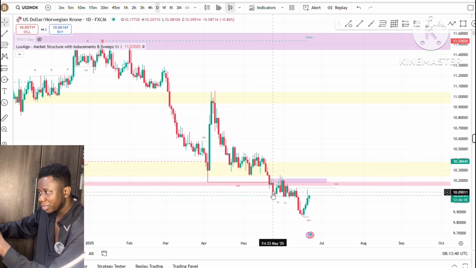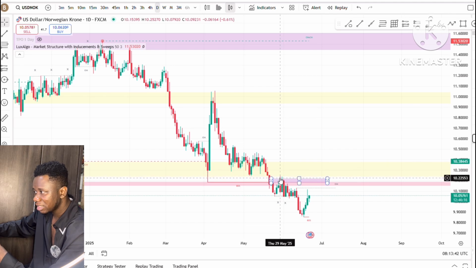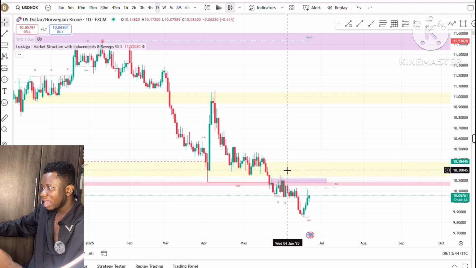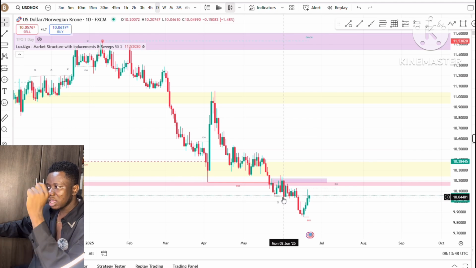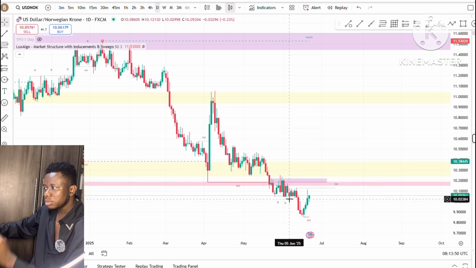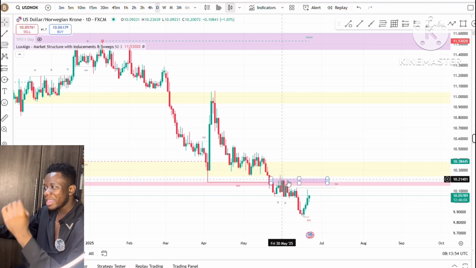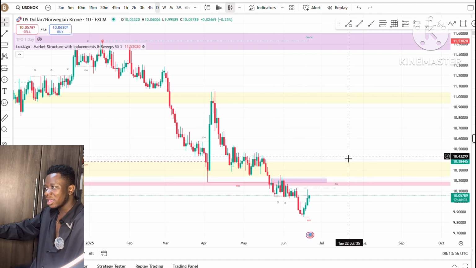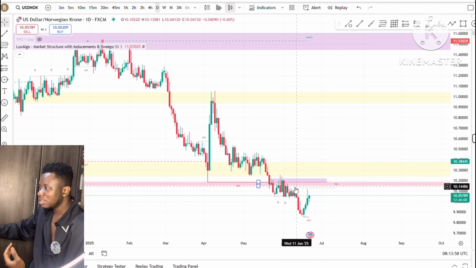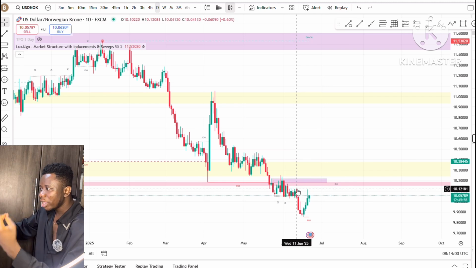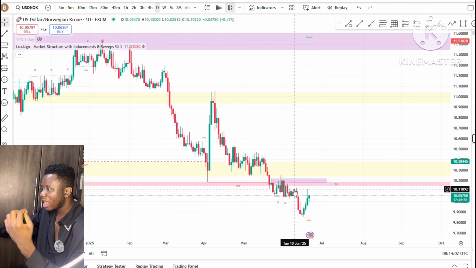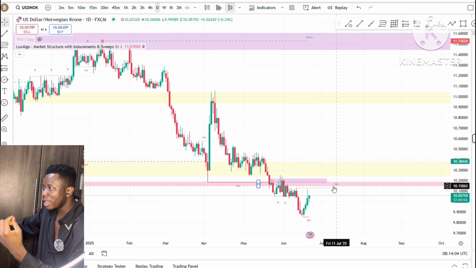As you can see, price breaks below it and came back to retest it, and then on the daily it created a bearish engulfing pattern, which indicates that sellers are still here. And as you can see on the daily, we have some inducement here.